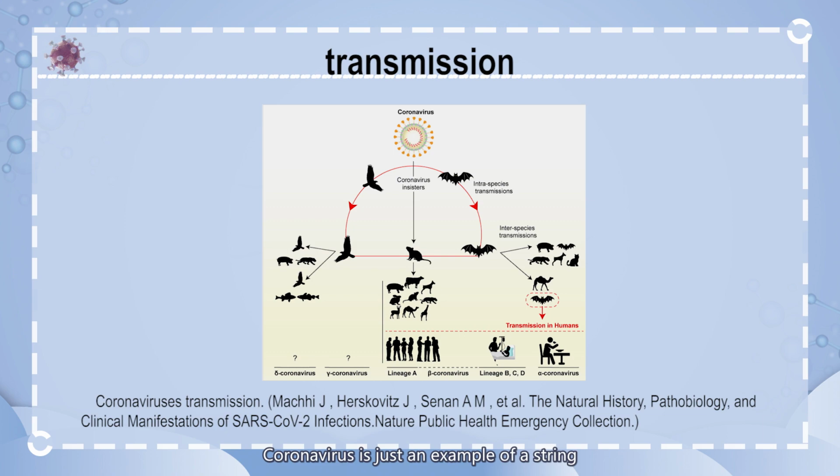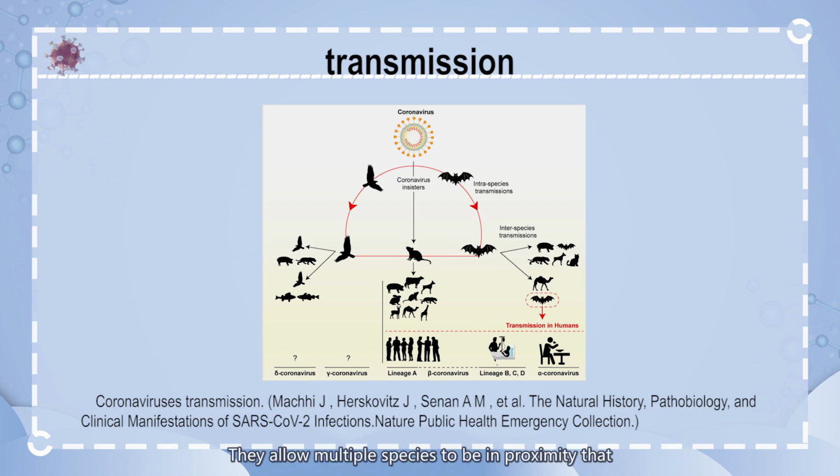Coronavirus is just an example of a string of pathogens that have come from wildlife trafficking, including SARS, Ebola, bird flu, and many more. The wild animals can harbor diseases that can make other animals, including humans, sick. Wildlife trade markets facilitate viral transmission.